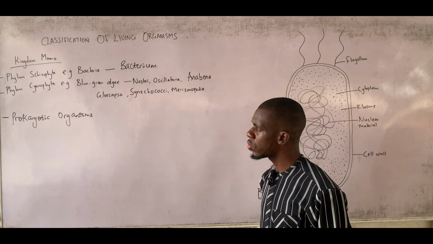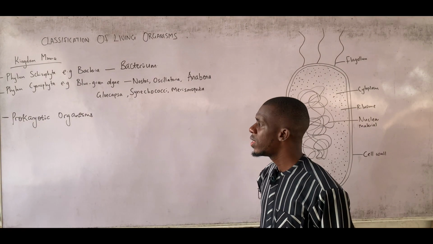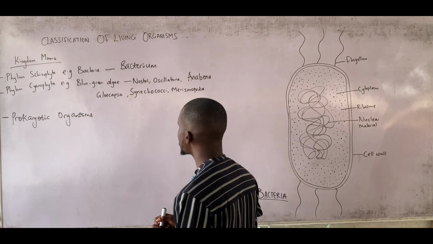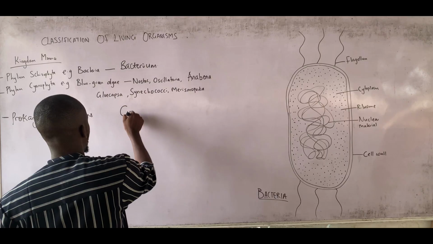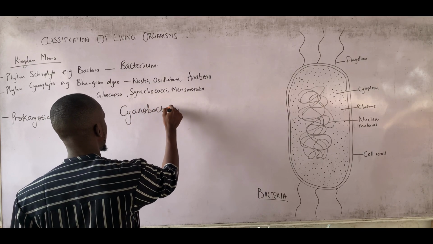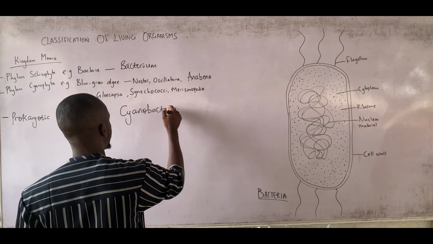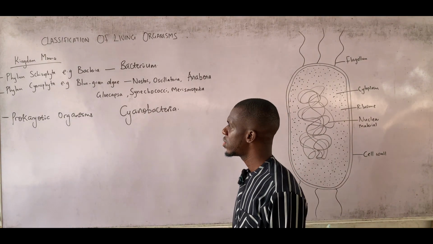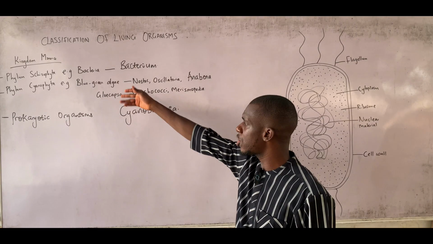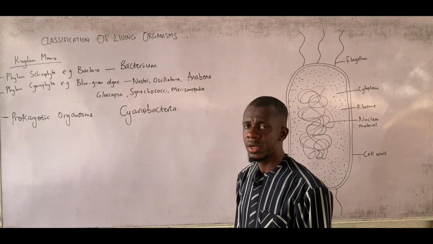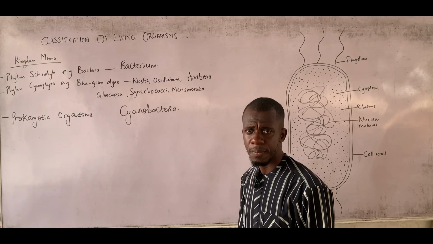Bacteria belong to the phylum Schizophyta, and the blue-green algae belong to Cyanophyta. The blue-green algae is also called cyanobacteria. You see that now? Excellent. So we can simply say that the Kingdom Monera is made up of bacteria and cyanobacteria, which is the blue-green algae.